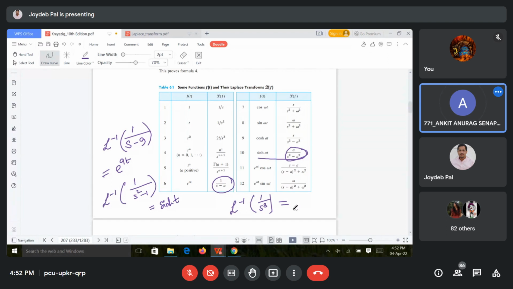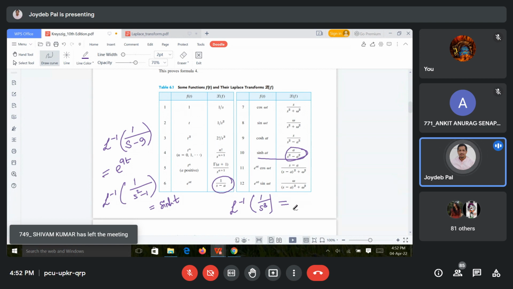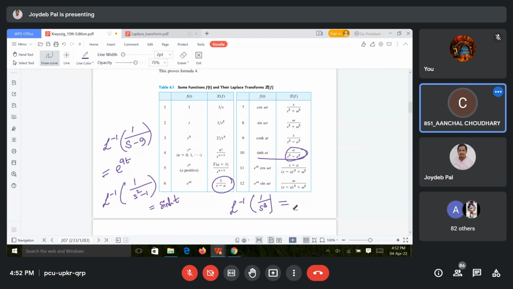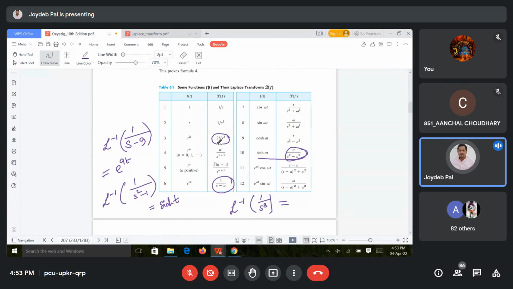Sir, there is nothing like this. You have to manipulate something, not directly it is given. Look, it will be 2 factorial by s cube. It is not exactly that form, but you can see that 2 factorial by s cube is merely the same, just constant multiplied, right?